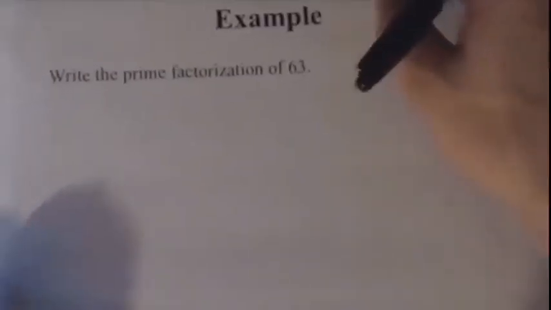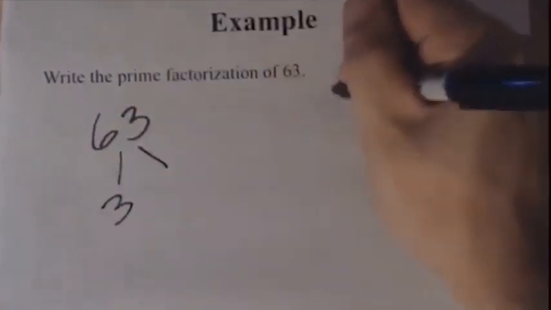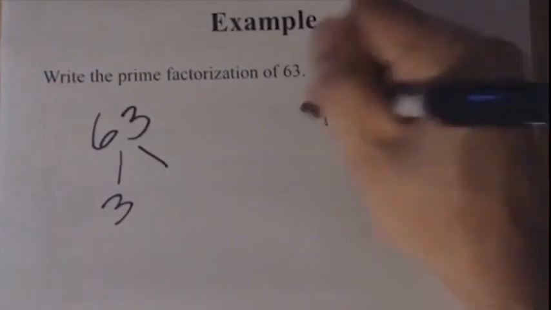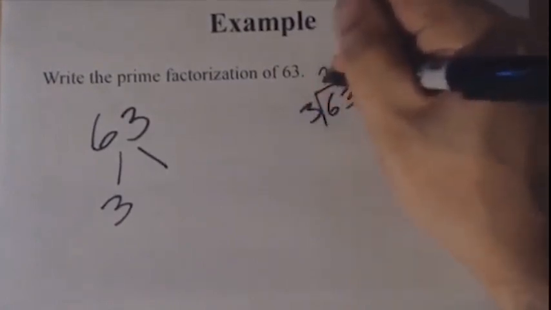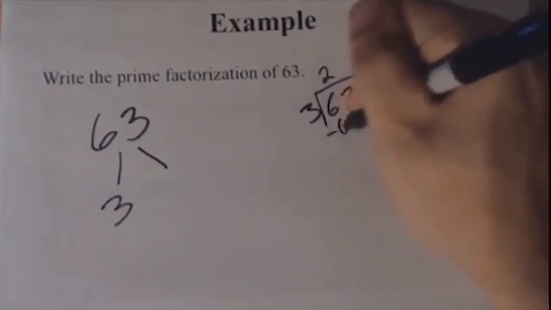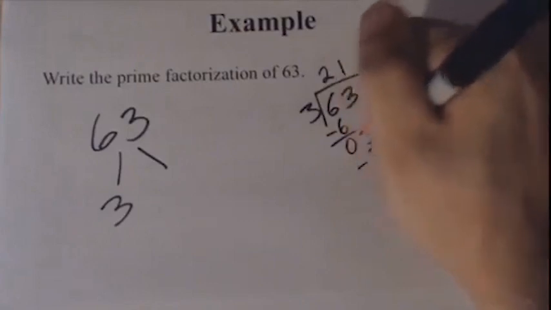So let's write the prime factorization of 63. Well, 63 isn't even, but 6 plus 3 is 9, and 9 is divisible by 3, so we know 63 is divisible by 3. If we divide to find out what the other number is, 3 goes into 6 twice, 3 goes into 3 once.